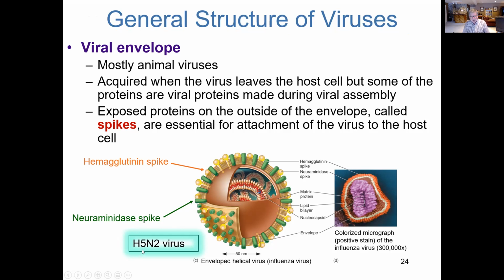And so what virologists will do in an attempt to differentiate different types of envelope viruses like this particular family, they use different numbers, and I can't tell you specifically if this has to do with when they were discovered, what sequence they were discovered, or exactly how the numbers are determined. But there's H1N1, there's H2N2, there's H3N3, there's H5N2. There's a bunch of different combinations that basically say we have unique surface spikes, right? Specific hemagglutinin and neuraminidase spikes that categorize that specific named virus.